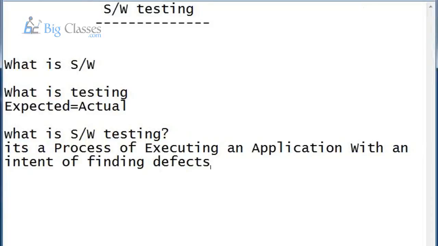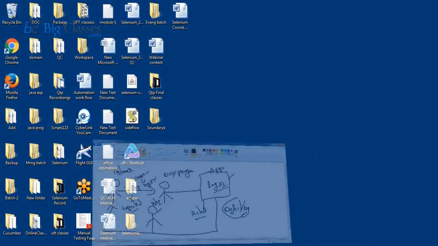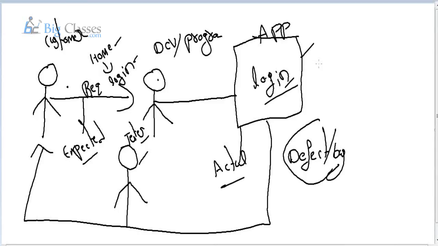Yunika, can you explain the definition of software testing based on this diagram? Customer requirements go to programmers, developers, on applications. That means actual result. To testers, to customer.